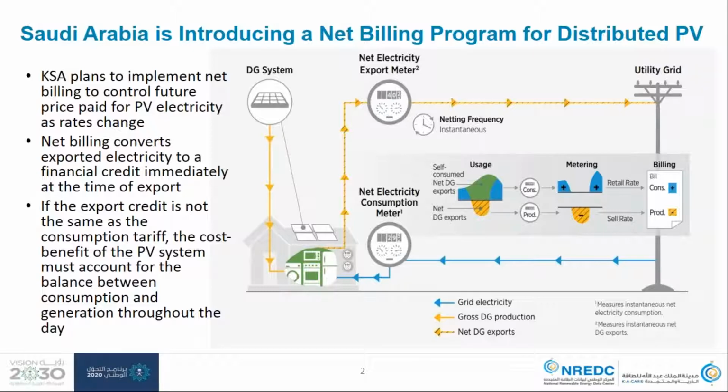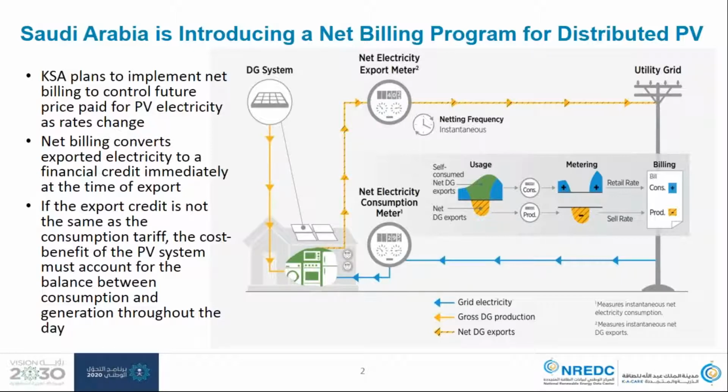For anyone who's not familiar with the difference, which I wasn't at first, the easiest way to think of it is that in net metering, when you export, you get a credit in kilowatt hours against your bill, but in net billing, you get a credit in money whenever you're exporting.